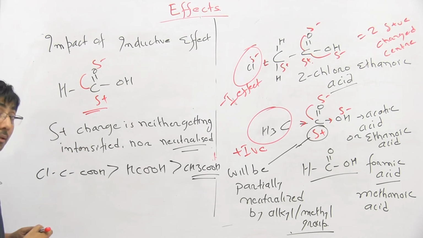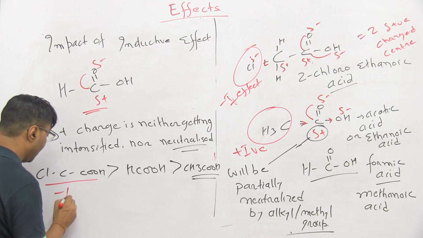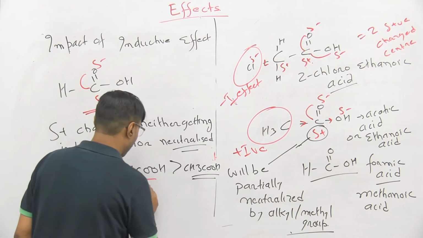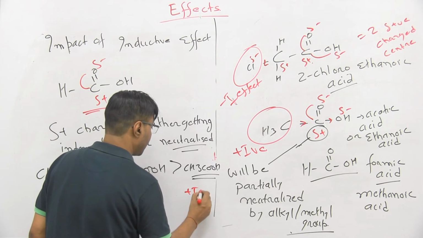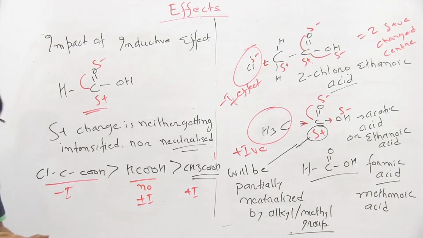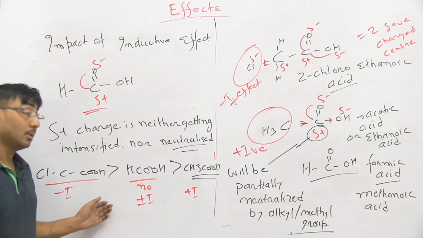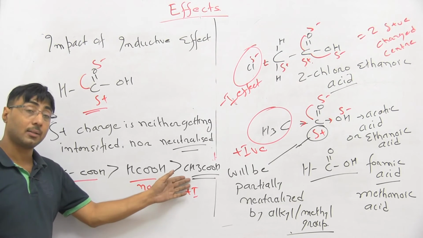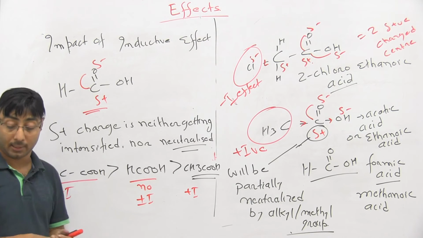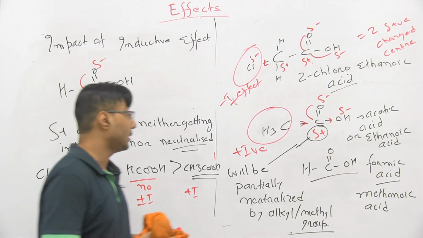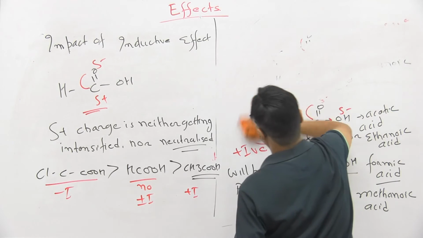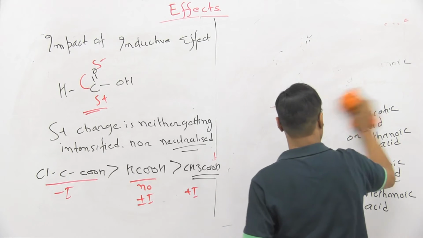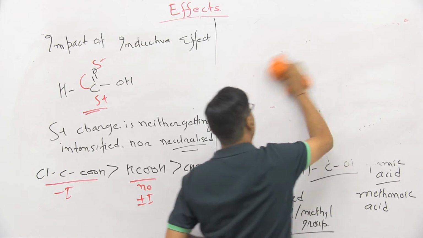It is because of the minus I effect, no effect, and plus I effect. Plus I effect decreases the acidic character, whereas minus I effect increases the acidic character. This we have to learn in the chapter on acids and acid derivatives.